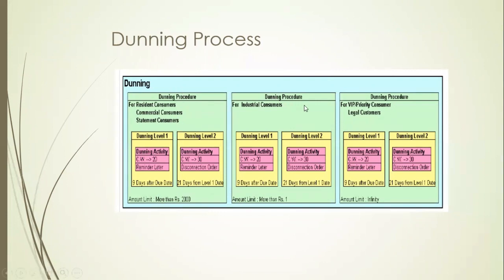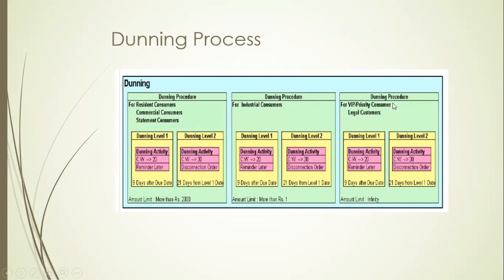For the industrial customer, it may be the same here. They put the stuff the same, but you can put different dunning procedures for different customers. Okay, here you can see the dunning limits: more than 2,000, more than rupees 1, or more than limit infinity.